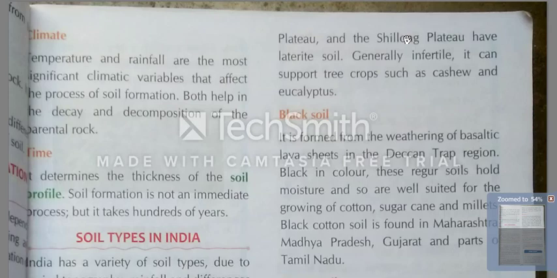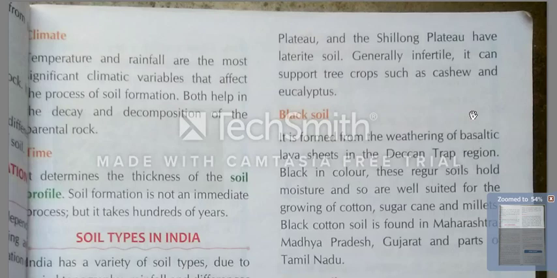Generally infertile, it can support tree crops such as cashew and eucalyptus. This is the kaju, and eucalyptus, the long tree. The soil is infertile, but it can support tree crops like cashew and eucalyptus.